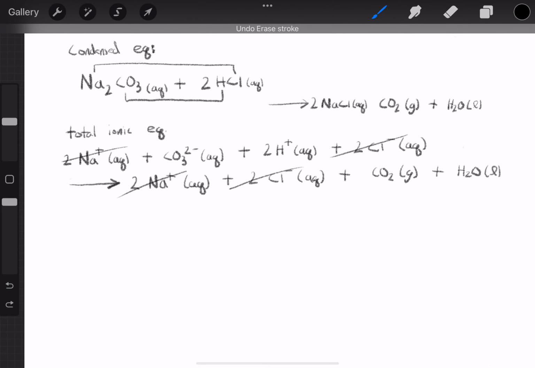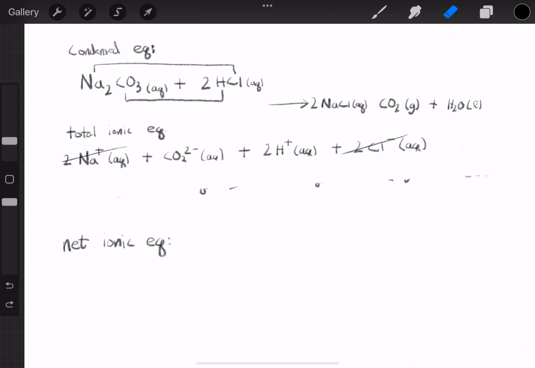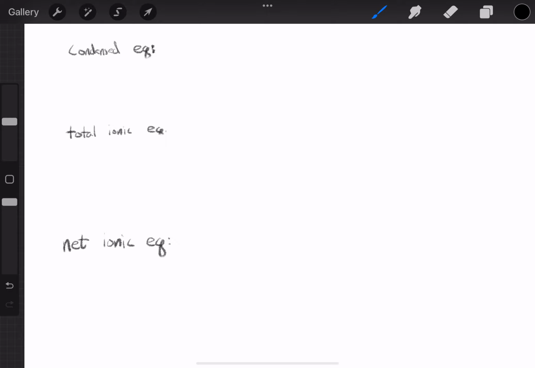Okay. Oops, I shouldn't erase that. Let me go back here. Let's not erase the labels here because we don't rewrite them. All right.